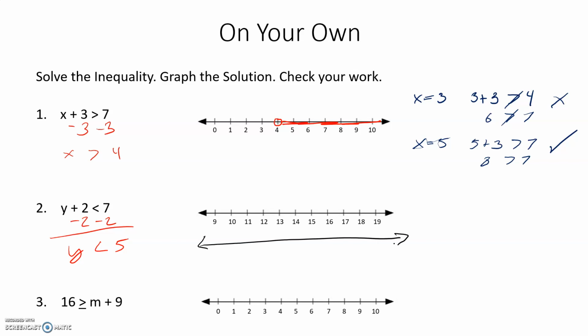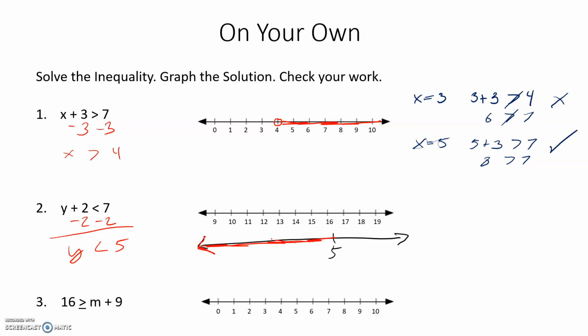All right, so I've got a number line. Oh, I see what I did. I got number 2 and 3 mixed up, so I'll fix those. So 5, I'm just going to say 5 is here. y is going to be less than 5, so it's going to be shaded somewhere to the left.